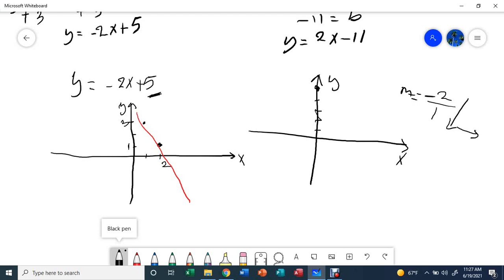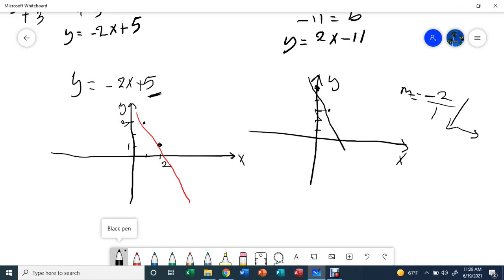So from 5, we go down by 2: 5, 4, 3, and to the right by 1 unit. So here you go. That's the line again, using the slope. The slope is rise over run, but when you have a negative sign, that means you're going down by 2 units and going to the right by 1 unit.